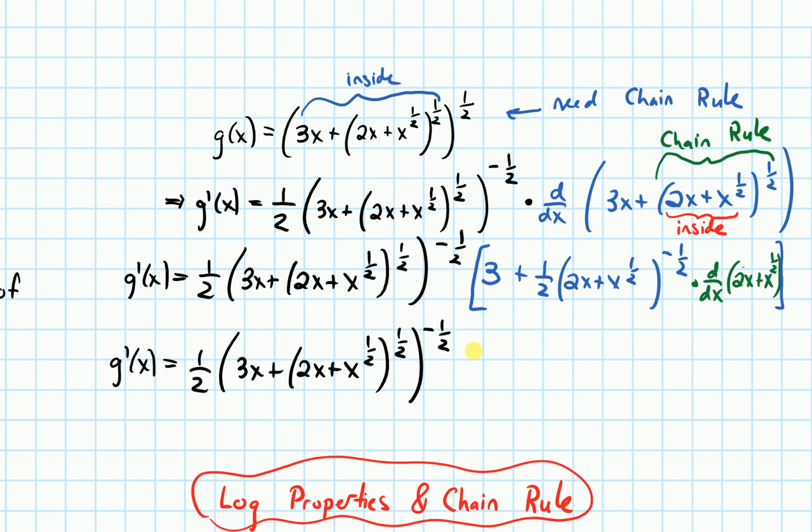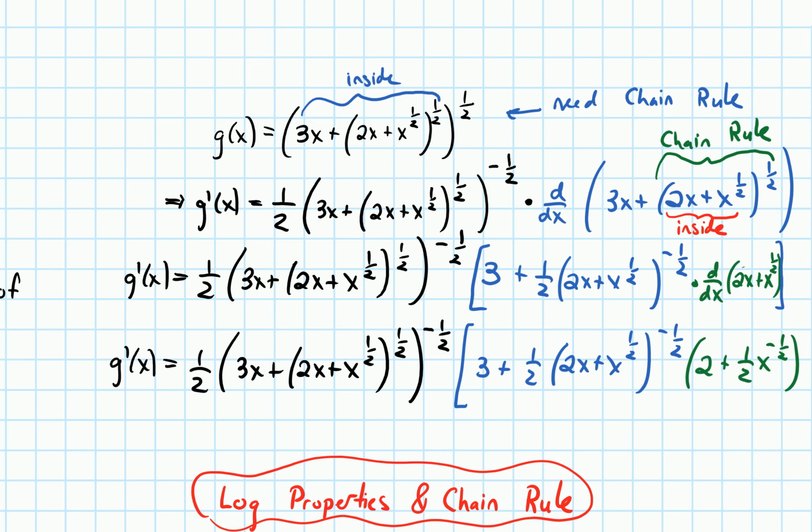And now within this bracket, I have 3 plus 1/2 times (2x plus x^(1/2)) to the negative 1/2. And now finally I do this last part of my derivative. Derivative of 2x is 2. Derivative of x to the 1/2, using the power rule, is 1/2 x to the negative 1/2. Close it.